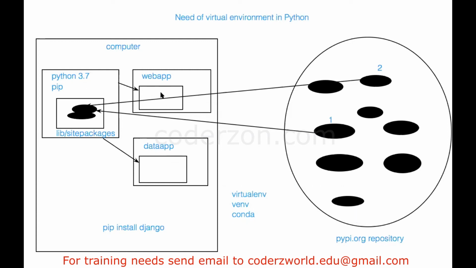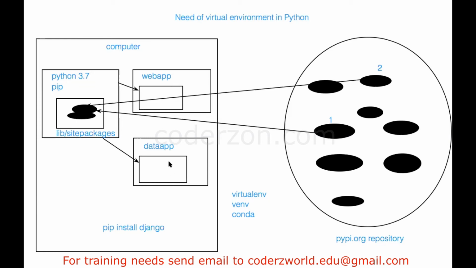When we work on this project, we enable that virtual env and do pip install of the required packages. Then they get installed in the site-packages inside here. A lib/site-packages folder gets created here and here as well.